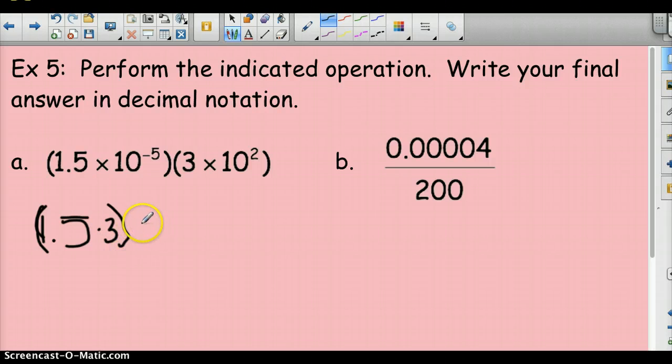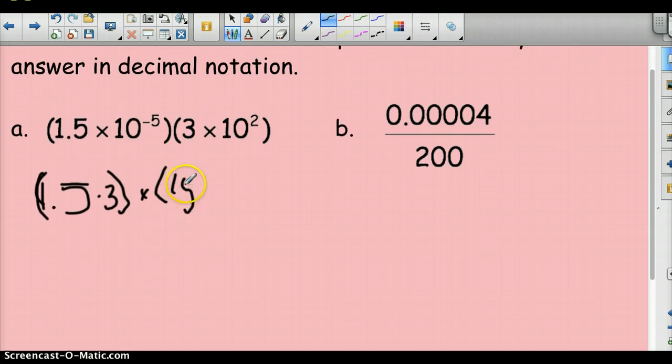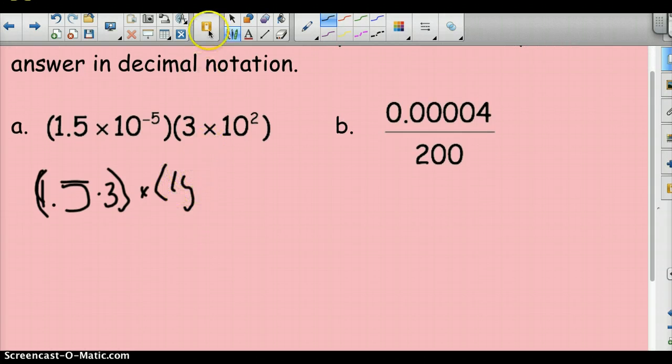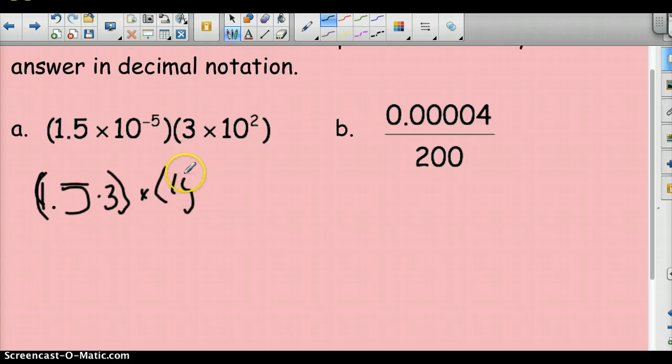We're going to then multiply that times the actual exponents, 10 to the negative 5th times 10 to the 2nd. That's how we do it. We just group them. Now 1.5 times 3 is 4.5. So our base is 4.5.